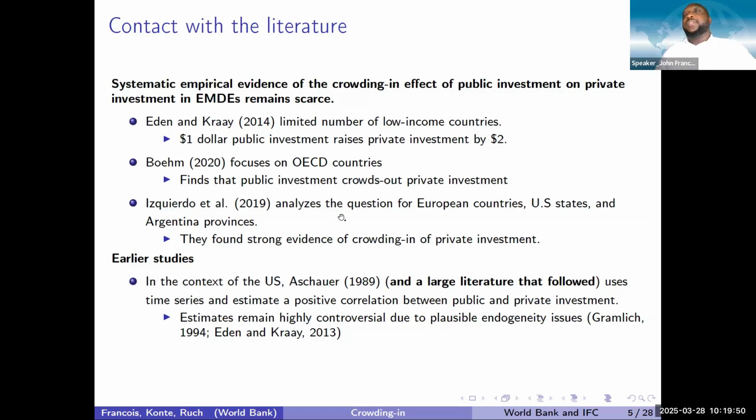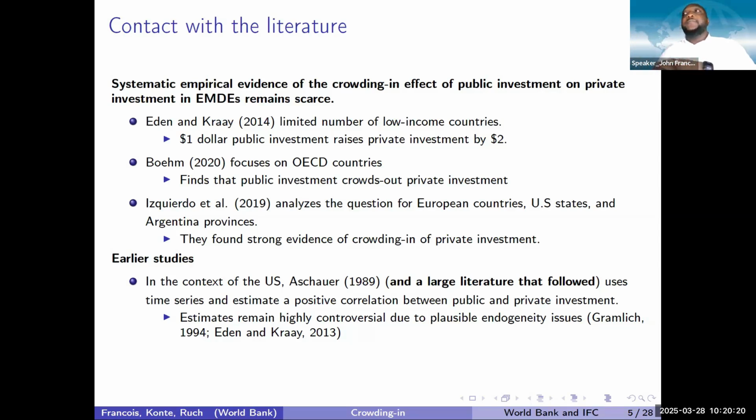And then Esquerdo and co. do find that for European countries, the United States and Argentinian provinces, there is strong evidence of crowding out of private investment. So one of the key things that you see immediately with the listed literature is that our work and the sample that we use differs very much from the sample used here.